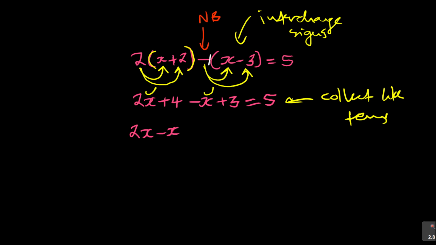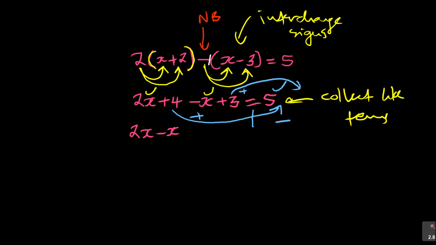But now the interesting one is the 5. See, the 5 is on the other side. It means the 4, because I'm collecting like terms, will go this side. Now look, it is positive, it will jump this equal sign, it will become negative. Even the 3 will do the same. It will join 5 on the other side.